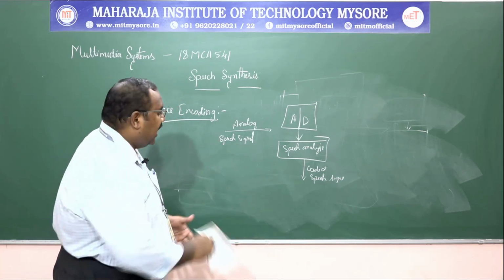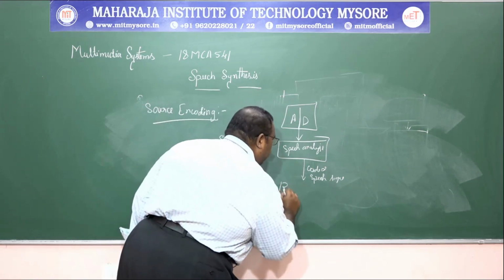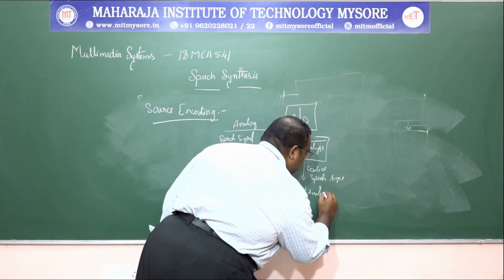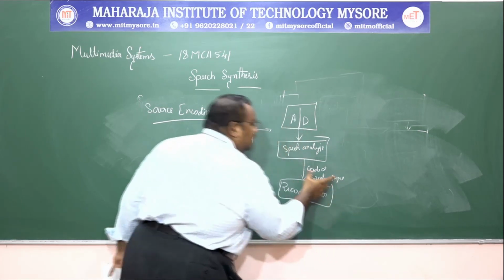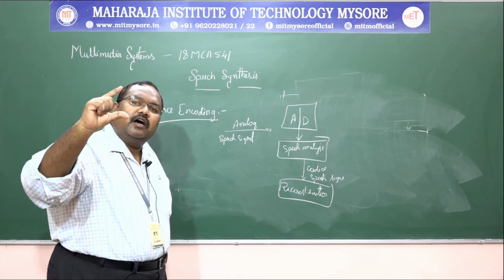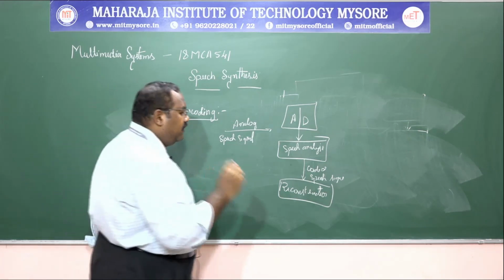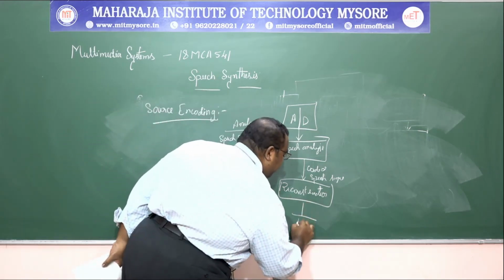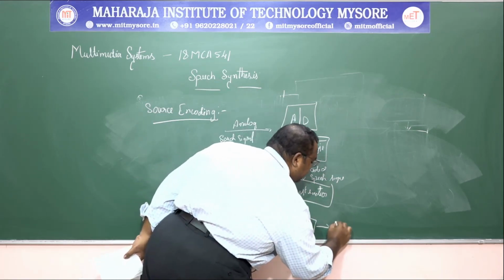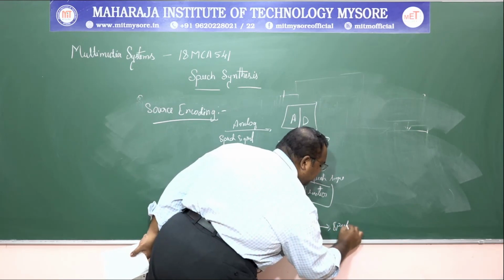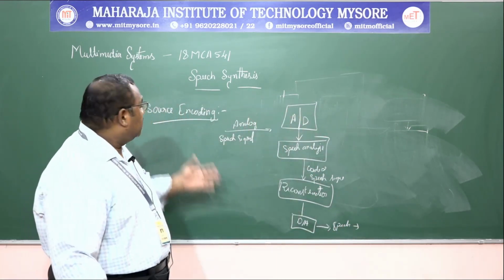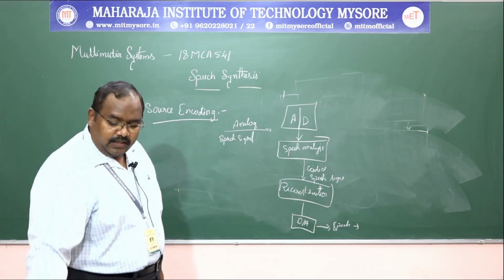Then after this stage, we do a reconstruction, because the reduction of the size has happened, and finally we feed it into a digital to analog converter, and then we hear the speech and this can be transmitted. So this is the concept of source encoding.